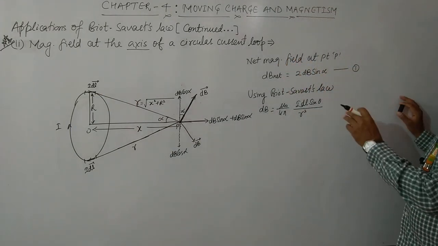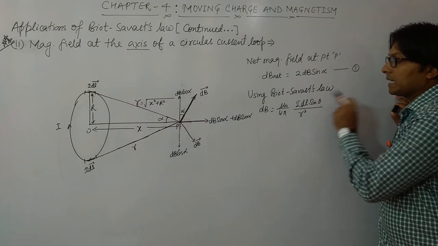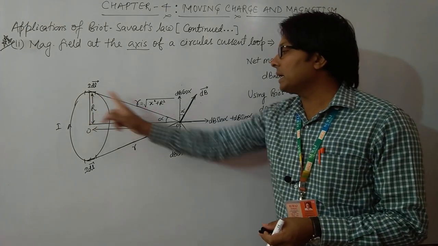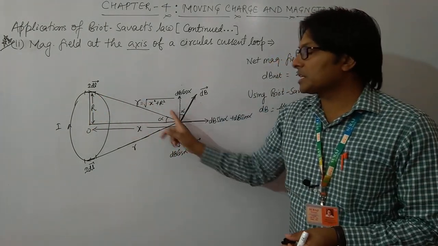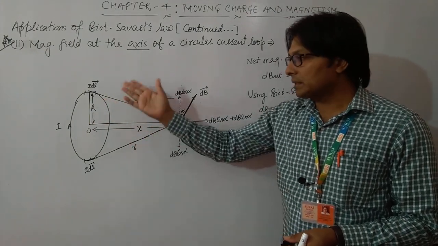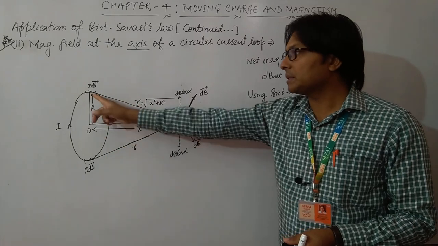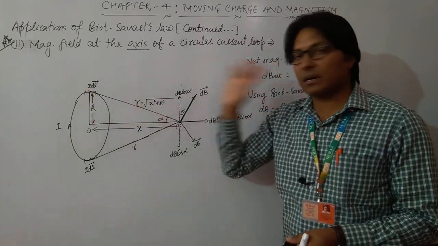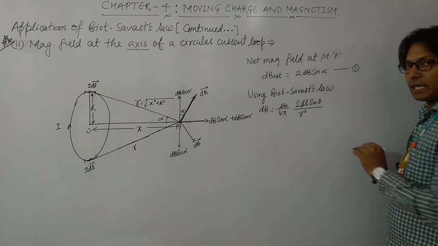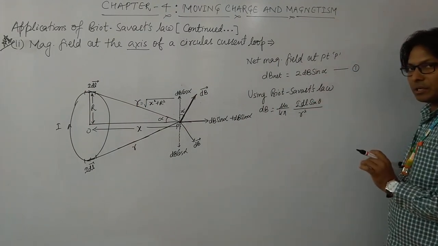And the angle theta is between this current element and this displacement vector. We have already discussed during the course of this diagram that the angle between the dl vector and r vector is 90 degrees. So here theta is 90 degrees and sine 90 becomes 1.